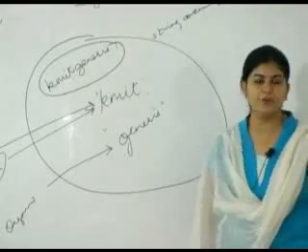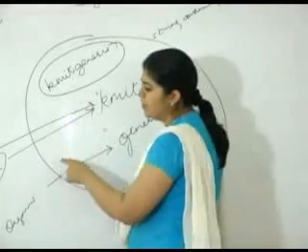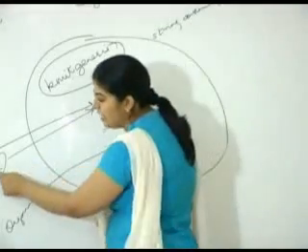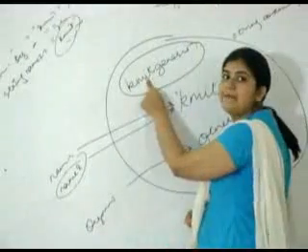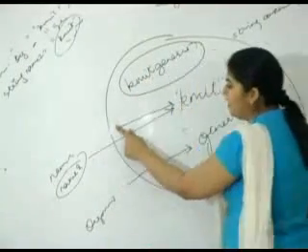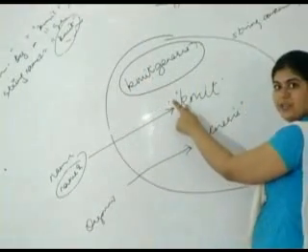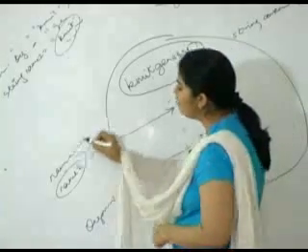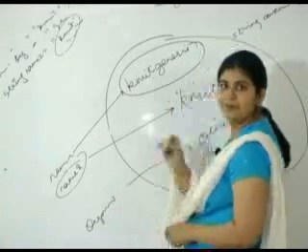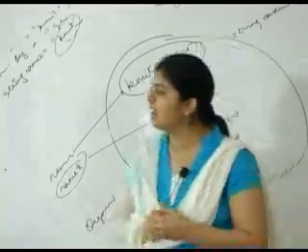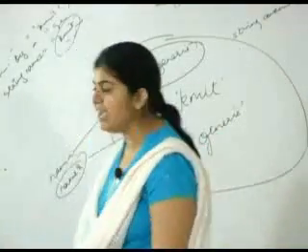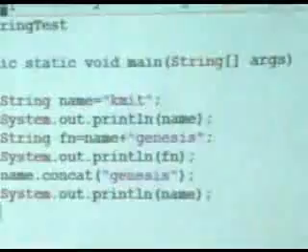What you need to do is, if you want to change the value, you have to make this name point to KMIT Genesis. So a reference should be removed from here and it should be made to point here. So what we would do on line number 9, we would remove this reference and put it over here.